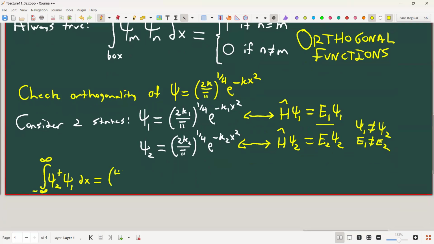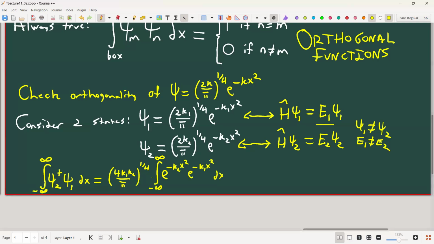This is 4 k1 k2 over pi to the 1/4 times the integral from negative infinity to infinity of e to the minus k2 x squared times e to the minus k1 x squared dx.